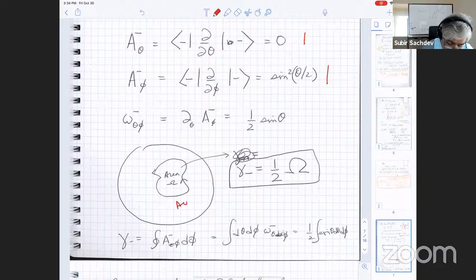So the area of the other side is minus of 4 pi minus omega. And which area is the right one? Well, the answer is either one. They're both valid from this way of thinking. It doesn't matter which one you pick, because e to the i times 4 pi, if I did it for spin s, is always equal to 1.